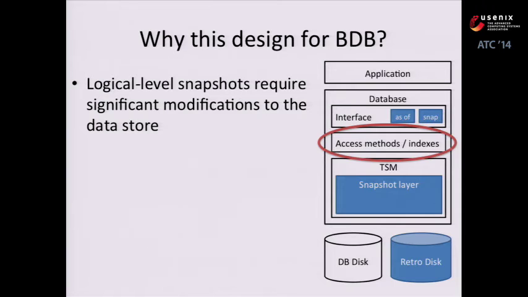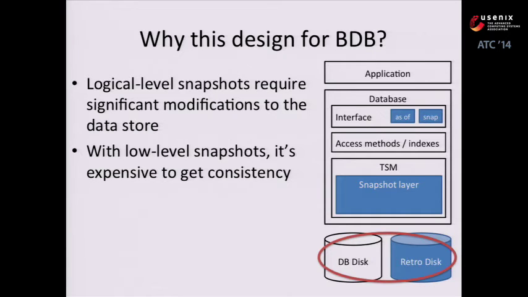So just briefly, why this design? If you try to add snapshots at a higher level, let's say at the logical level, say at the access methods, you would have to go in and perhaps add a new type of access method. This is, for example, the approach taken by MortalDB. This approach is very complicated, and it requires significant modifications to the data store.